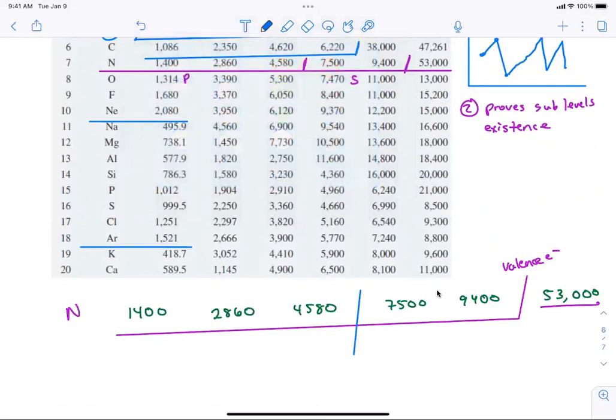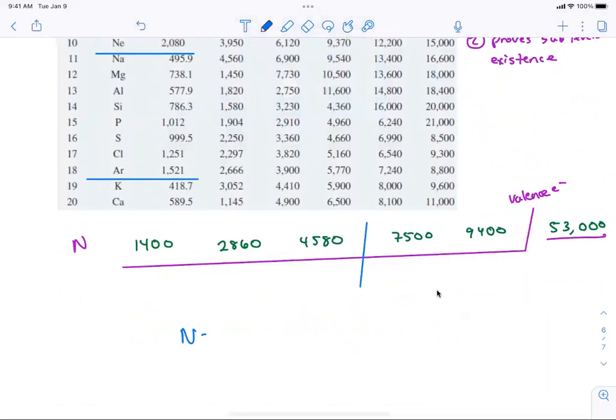And what that tells you is, because nitrogen is 1s2, 2s2, 2p3, these first 3 must be the 2p3 electrons, and these next ones are the 2s2 electrons, and these must be the 1s electrons. So we're losing from the outermost shell, but then also the outermost energy sublevel as well.